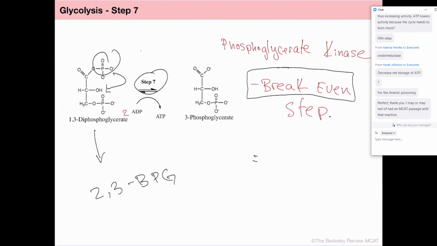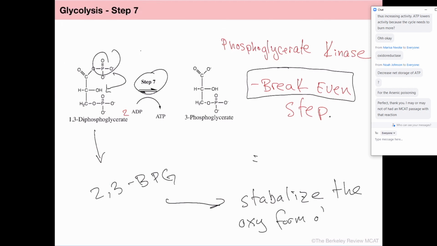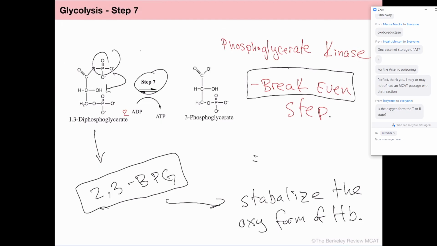And why this is important is because 2,3-BPG, which you're not going to learn until later, is going to stabilize the oxy form of hemoglobin. So this is the molecule responsible for the hemoglobin cooperative binding curves. This will be covered in the heart and lung lecture, but it's good to know where these molecules are coming from. It's coming directly out of glycolysis.